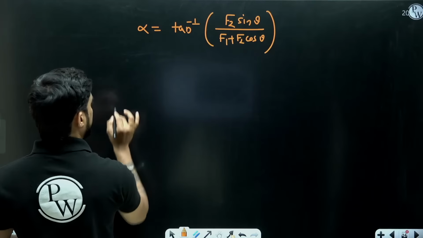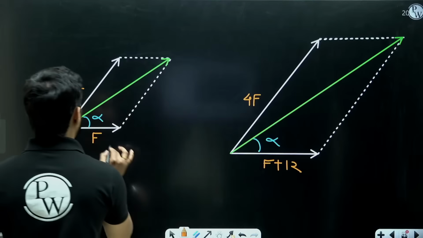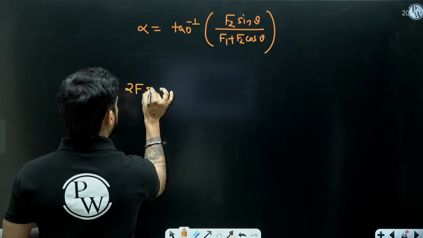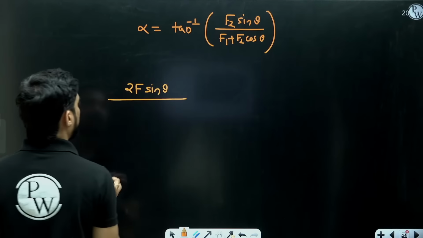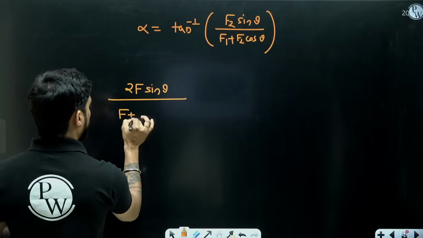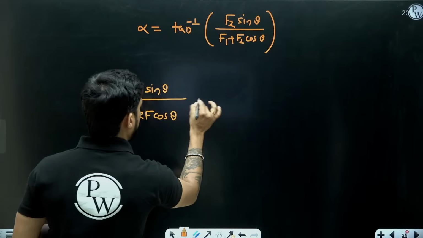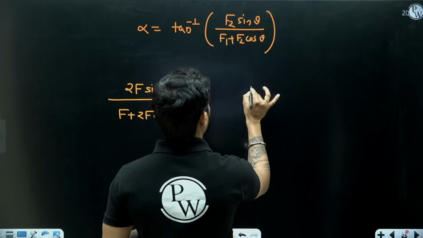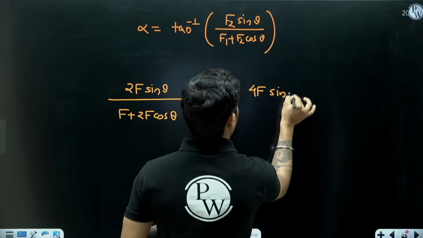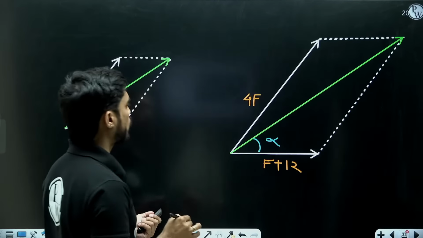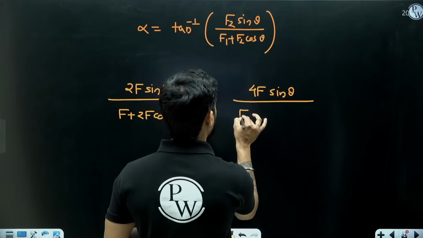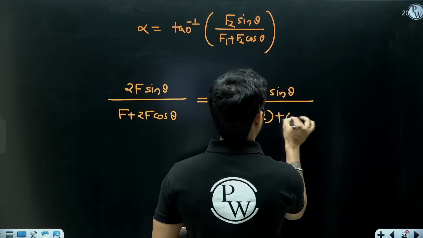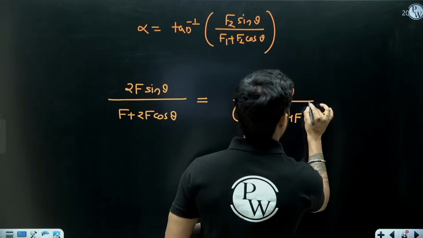In my first case, F2 is 2F, so 2F sin theta divided by F1, which is F, plus 2F cos theta. In second case, my F2 is 4F, so 4F sin theta upon F1 plus F2 cos theta, so it will be F plus 12 plus 4F cos theta.